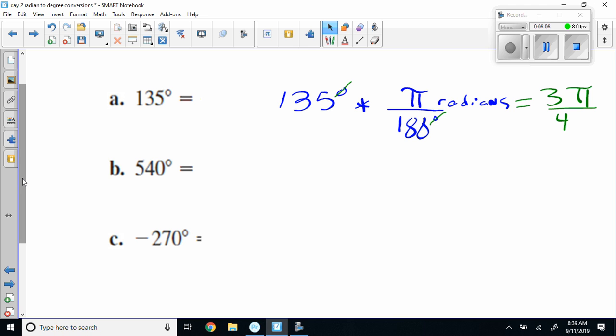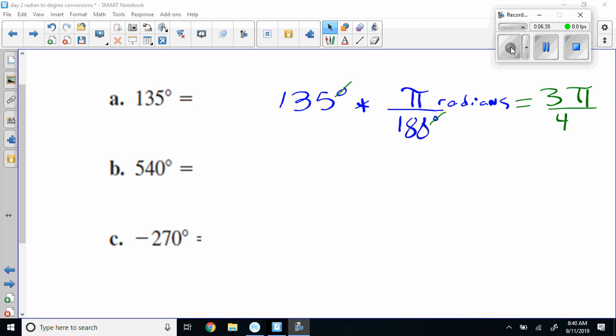You can hit the little N over D button on your calculator, the fraction button. You can type 135 in the numerator, 180 in the denominator, hit enter. It will simplify it for you if it can be. If it goes straight to a decimal, hit the button above it, the approximation button. It will convert it. All right? I need you to do B and C. Go.